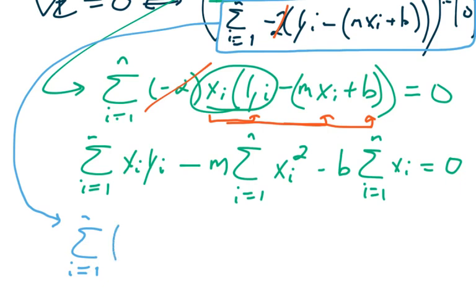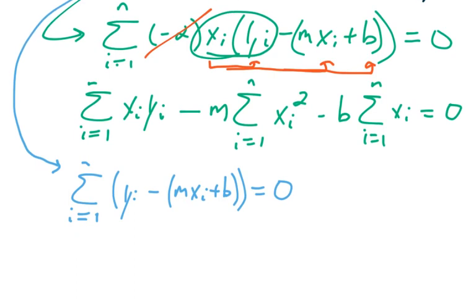And what I'm left with is yi minus mxi plus b. That is equal to 0. Okay, so again, I want to do the exact same thing I just did above. I want to split this thing up so that I can ultimately isolate m and isolate b, or at least get them as close to by themselves as I can.